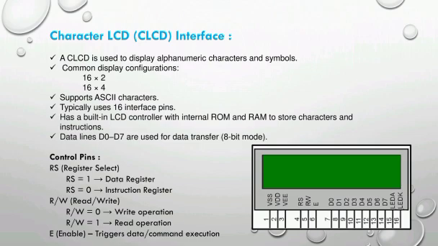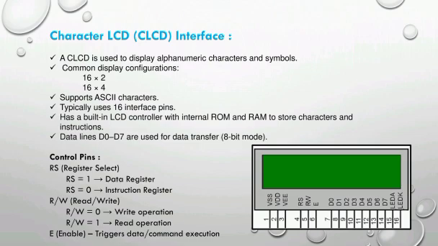In this slide, a character LCD, that is CLCD, is used in embedded systems to display alphanumeric characters and symbols. It commonly supports display formats such as 16 by 2 and 16 by 4 and is controlled using ASCII character codes.